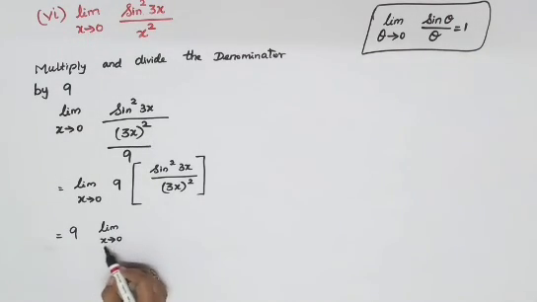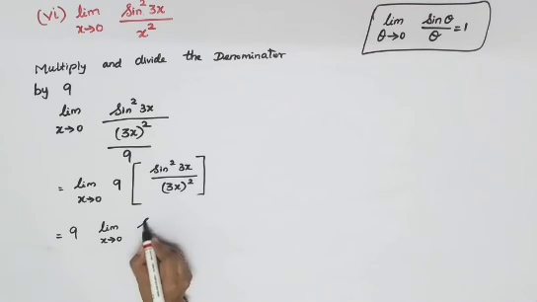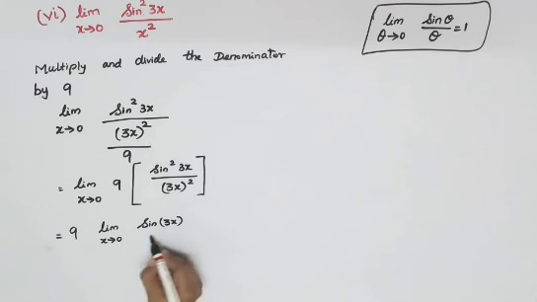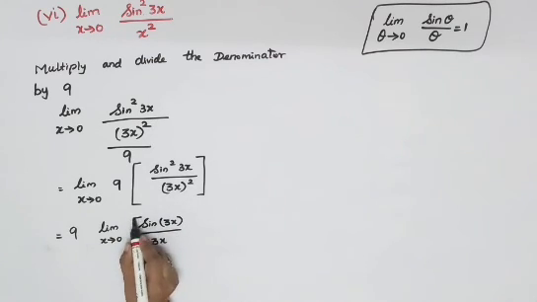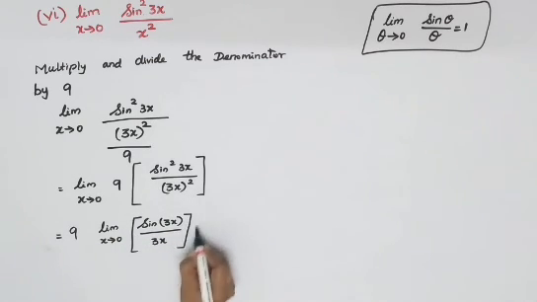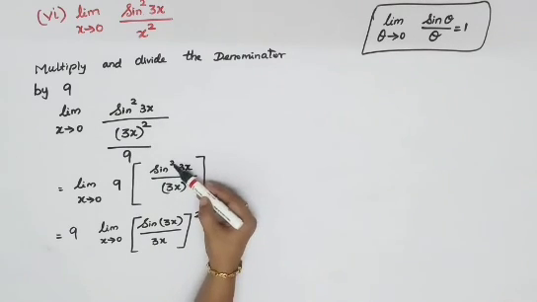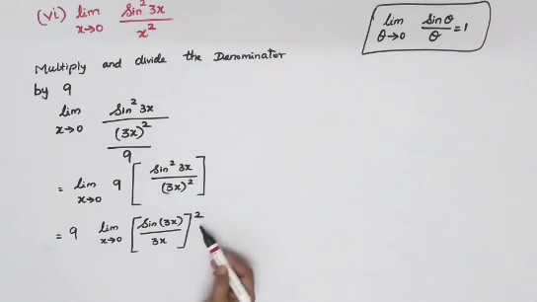So now limit x tends to 0, this sin 3x I will just write, divided by again this 3x. So we will just give the square as a whole square outside, because theta by theta only you will get 1. It is not with the square inside. Okay, so you'll have to remove your square both in the numerator and in the denominator. The square is out.